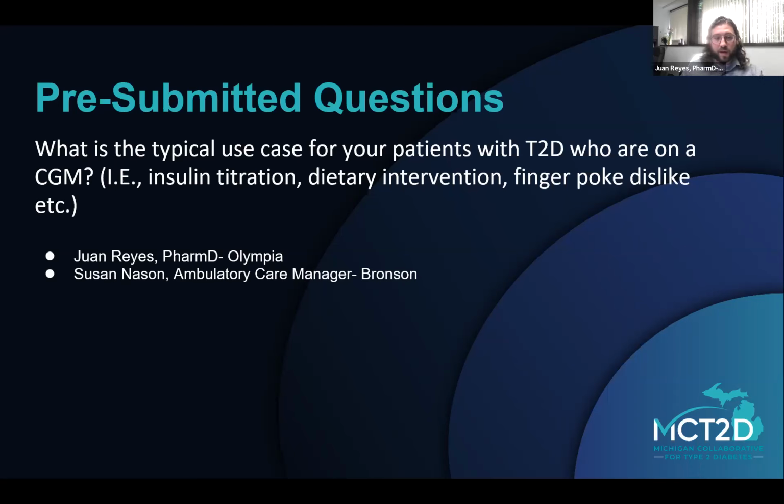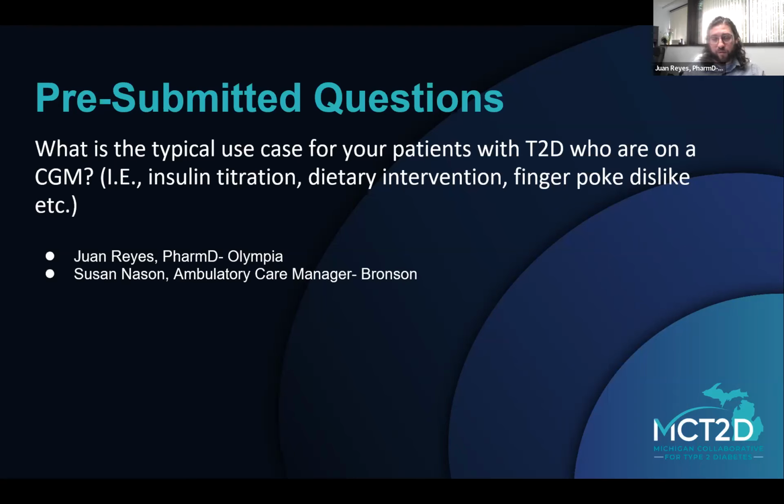But if I'm actively seeking out CGM for a patient, it's more for patients who are having a lot of hypoglycemia, not really knowing why they're having it. I like to put them on a CGM. Or if they're on multiple doses of insulin per day, I think it's perfect for that, to see when we can adjust and when they're spiking throughout the day.